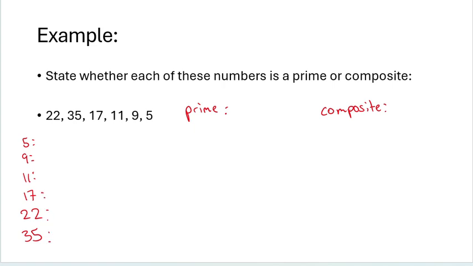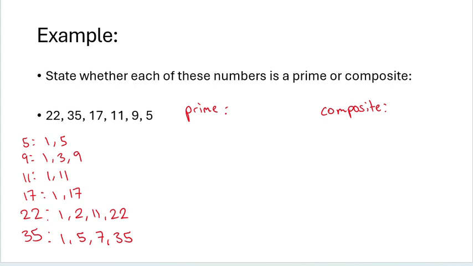Then you'll start connecting the pieces and establish a pattern for which one's prime, which one's composite. So for 5, it's 1 and 5. For 9, it's 1, 3, and 9. For 11, it's 1 and 11. For 17, it's 1 and 17. For 22, it's 1, 2, 11, 22. And for 35, 1, 5, 7, 35, like so.